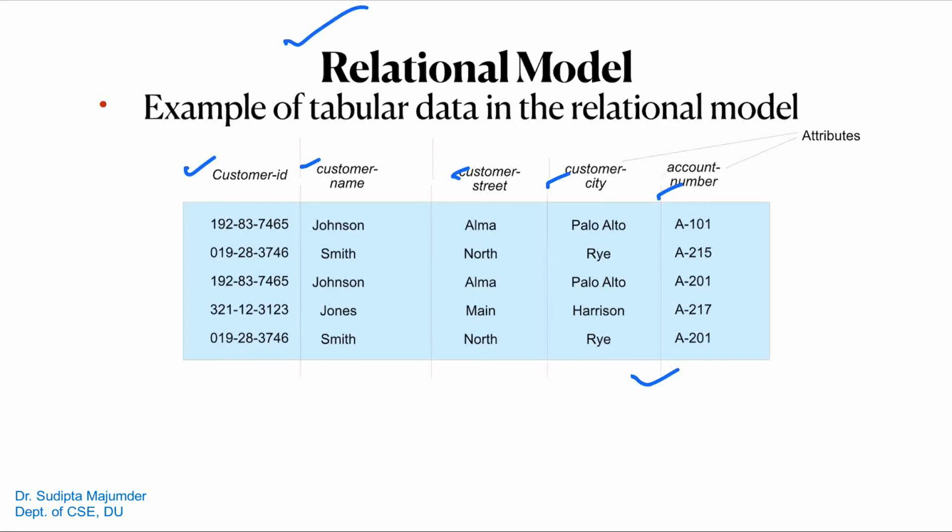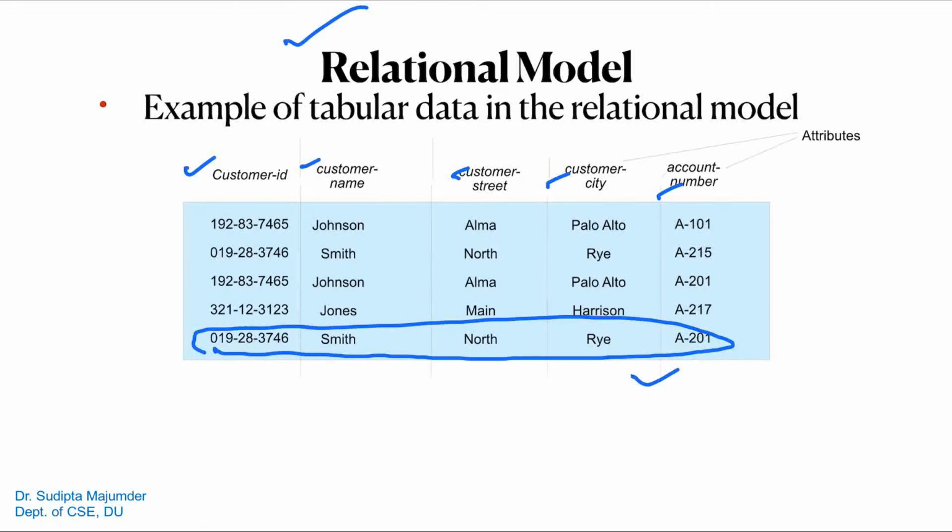Each row in the table represents a collection of related data values. All the values in these rows are related. In a relational model, a row is called a tuple and a column is called an attribute. These are the attributes, these are the tuples.